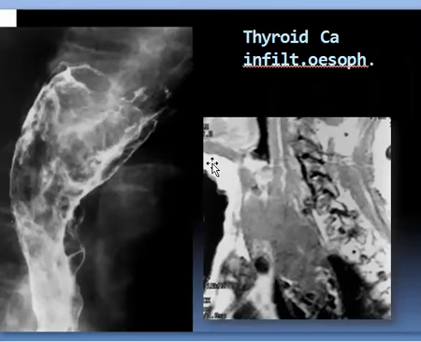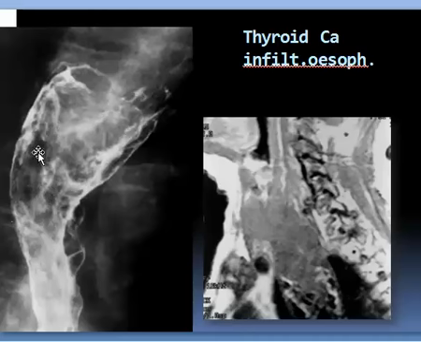This is an upper esophageal lesion mass due to extension from thyroid. This is the spine, and this is the region of the mass in thyroid, but it is extending into the thoracic inlet to invade the esophagus.